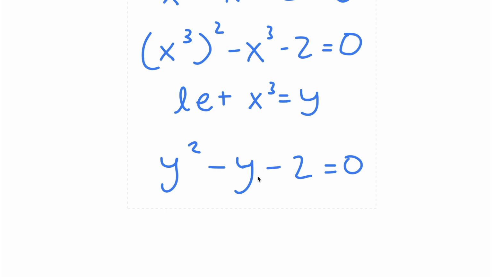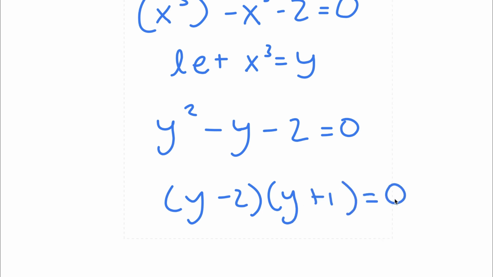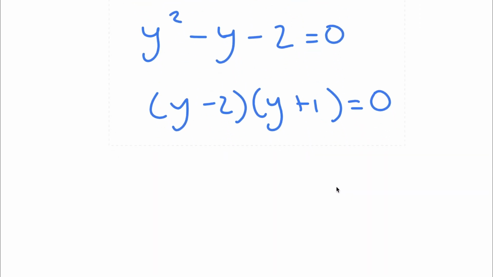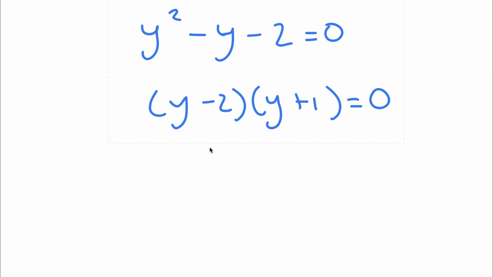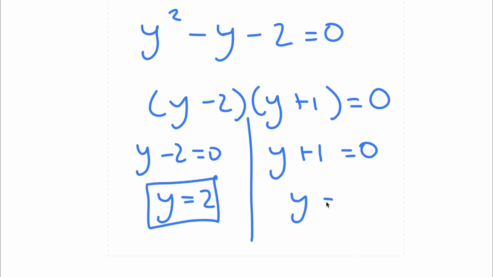And if I factor this, I get y minus 2 times y plus 1 is equal to 0. So this gives me two equations. I have y minus 2 is equal to 0, and I have y plus 1 is equal to 0. So for y minus 2 equals 0, y is equal to 2. And for y plus 1 equals 0, y equals negative 1.